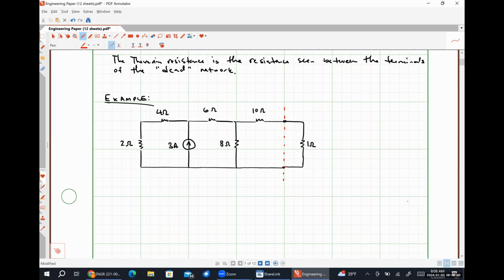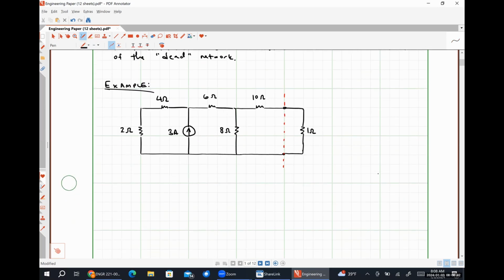Okay. So let me write here, find the Thev equivalent circuit with respect to the 1 ohm resistor.